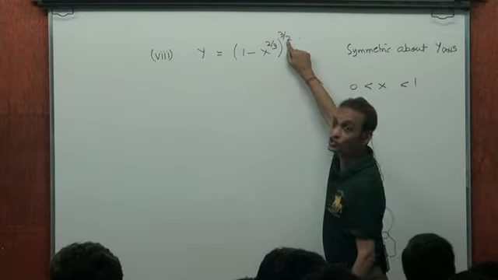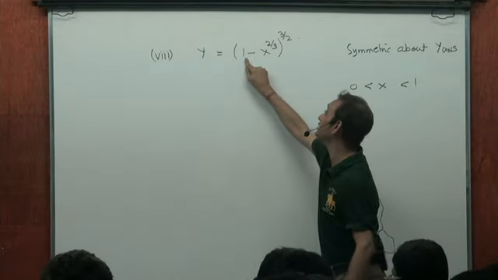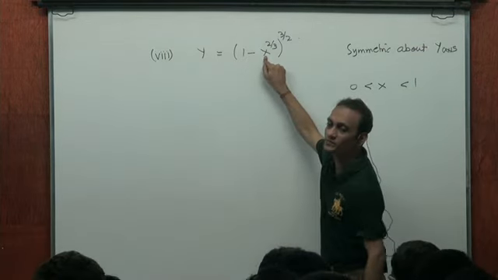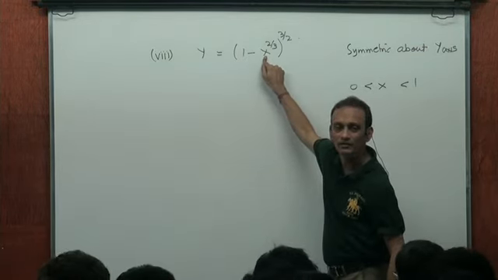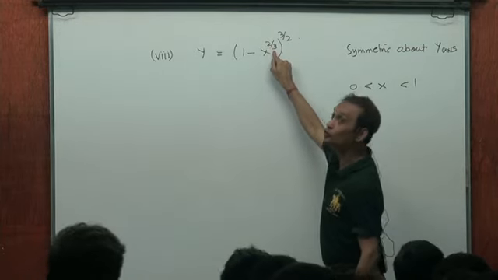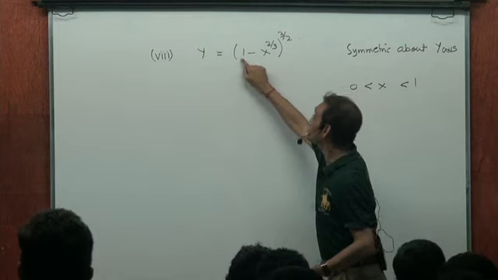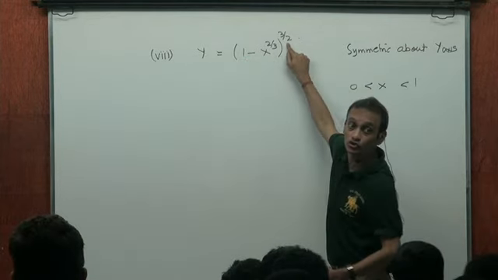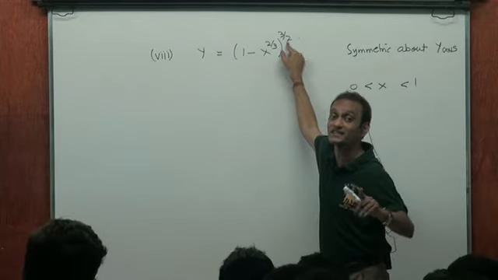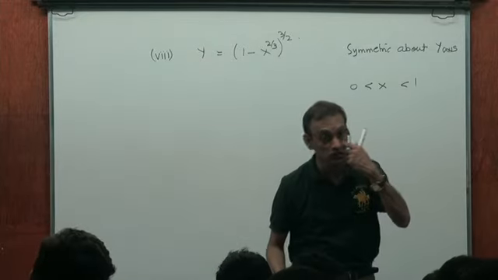Why? Because there is a square root sitting there. You can't make this number negative. If x is greater than 1, then x to power 2 by 3 will be greater than 1. This will become a negative number, and then you can't find a real square root of that. So x has to be less than 1 if it is greater than 0.